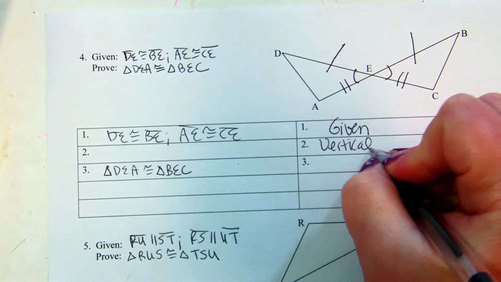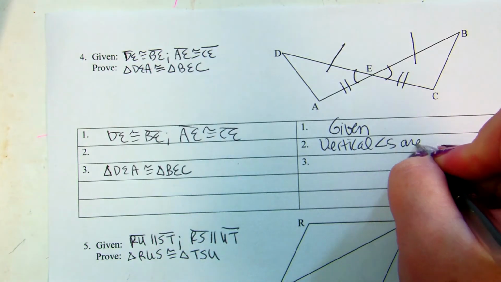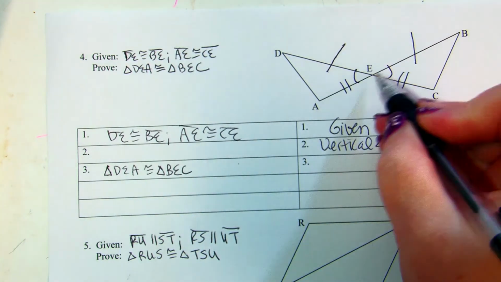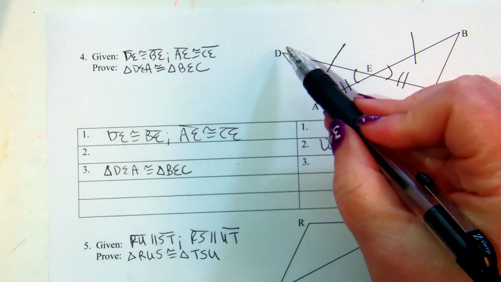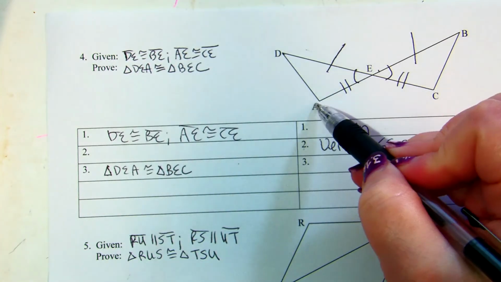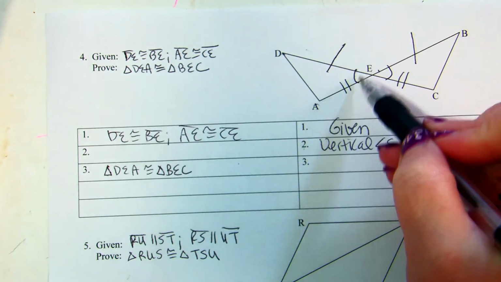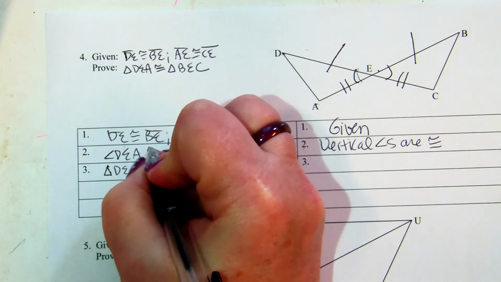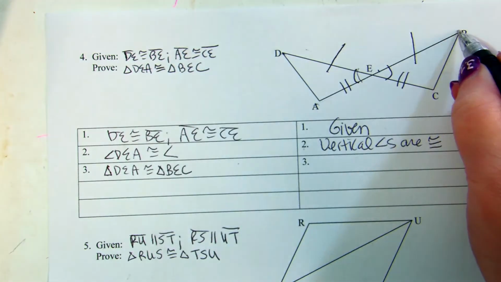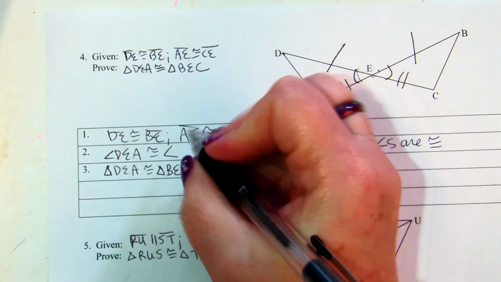Vertical angles are congruent because they make a V, an X. They make an X. This is angle DEA. DEA is this angle. Congruent to angle, and this is angle BEC.